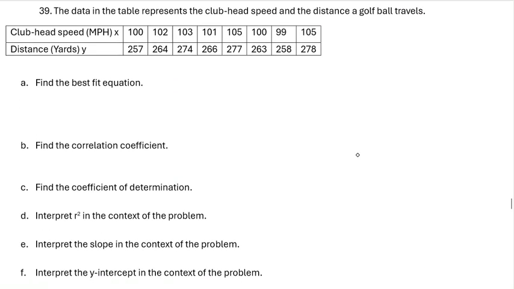This next question, you have to do with your calculator: find the line of best fit and the correlation coefficient, coefficient of determination, and so on. Okay, so first thing you have to do is type the information into stat edit.